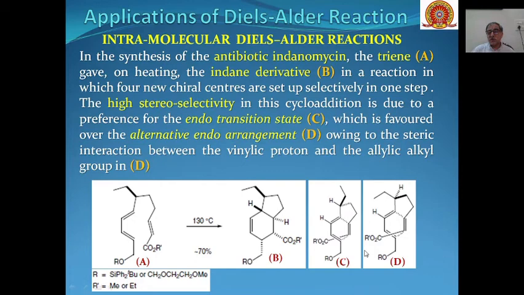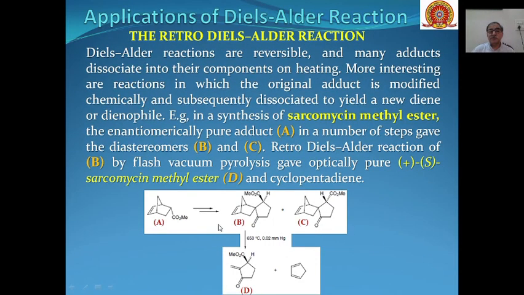So here, because of the steric interaction between the vinylic proton and the allylic alkyl group, this alternative arrangement is not favored, whereas this arrangement which gives us the endo product is favored. Then next is the retro Diels-Alder reaction.